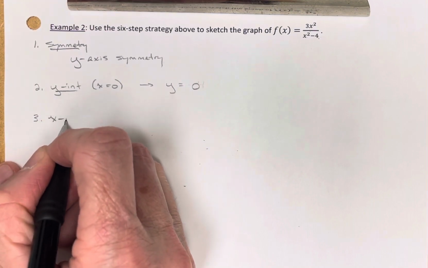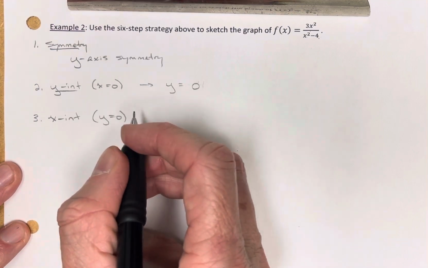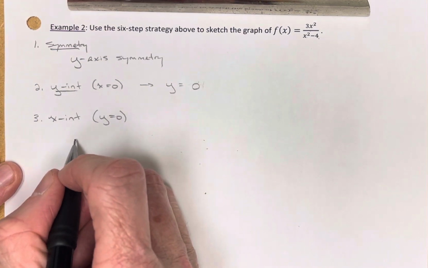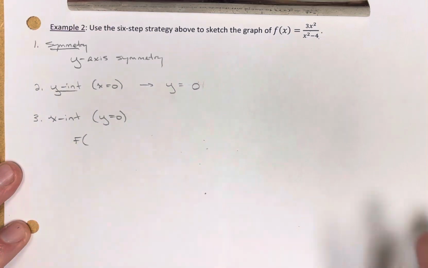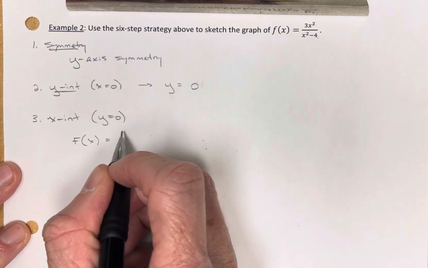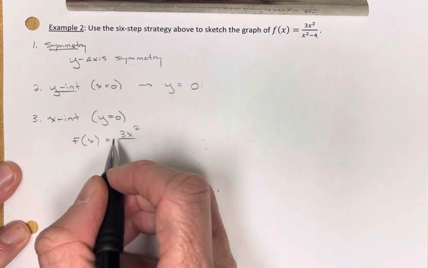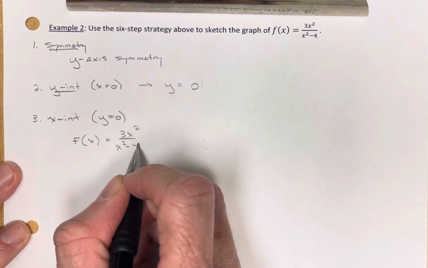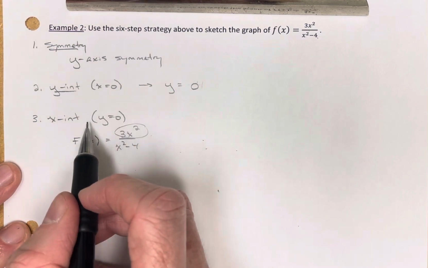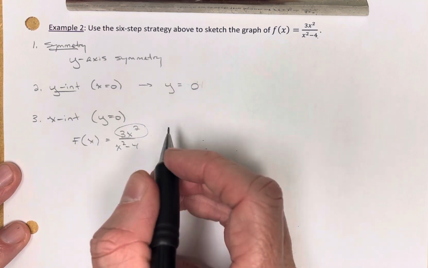How about my x-intercept? This is when y is equal to 0. Let's remind ourselves, the function is f of x equals a fraction. It's a rational function: 3x squared over x squared minus 4. The only way that y is 0 is if the numerator is 0.